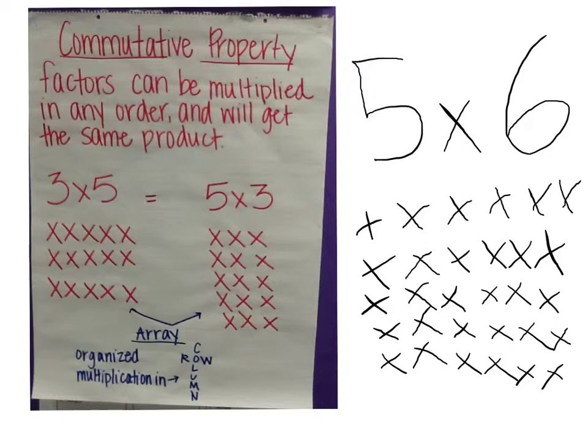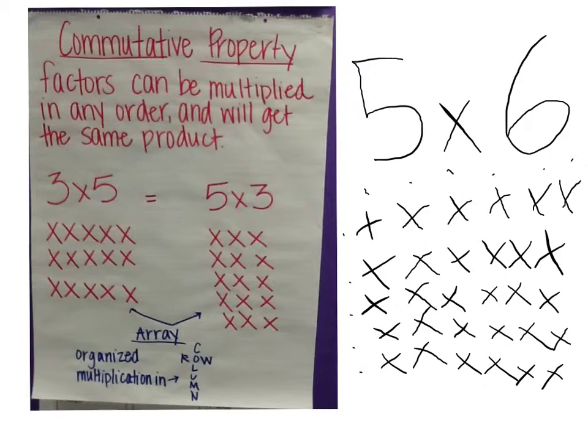That is 1, 2, 3, 4, 5 rows with 1, 2, 3, 4, 5, 6 in each. Now, this equals 30.